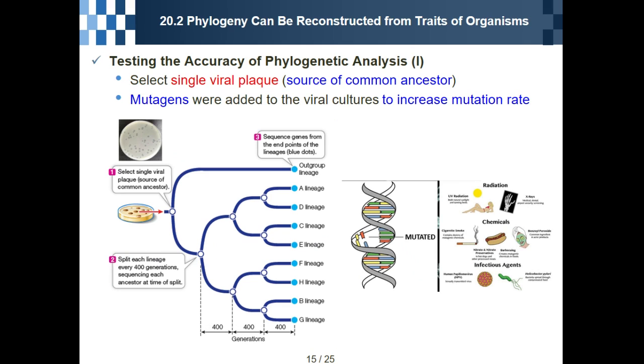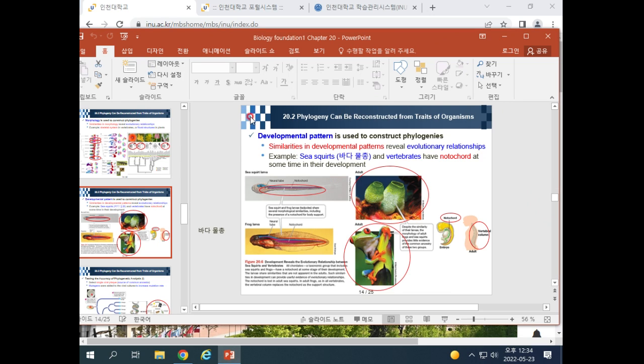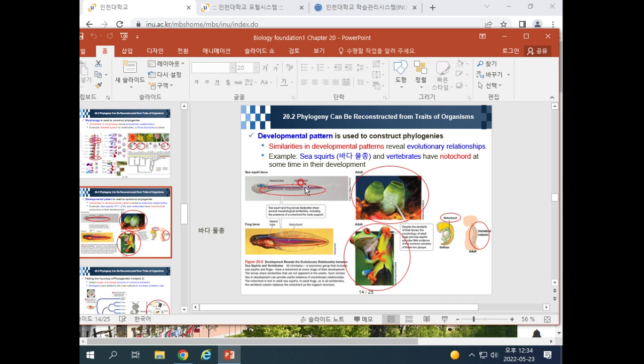Okay, so in this slide, we will learn how to test the accuracy of phylogenetic analysis. We construct phylogeny based on the morphology, and also we construct phylogeny based on developmental pattern.